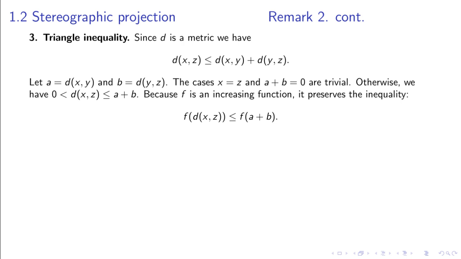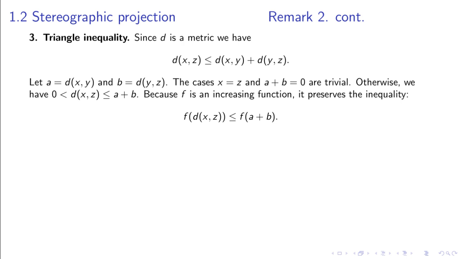Third, the triangle inequality. Since d is a metric, for any x, y, z in X, we have d(x, z) less or equal than d(x, y) plus d(y, z). Let a be d(x, y), and let b be d(y, z). The cases where x equals z, or a plus b equals 0, are trivial.